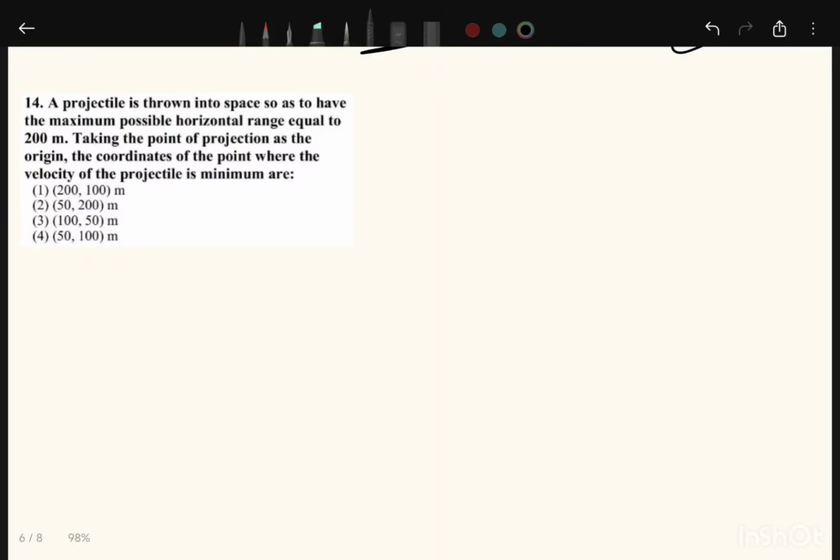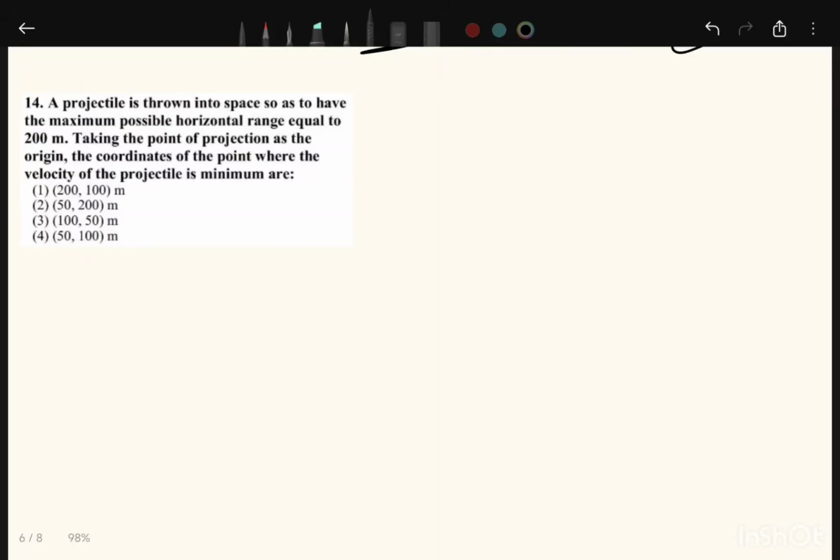We have to find the coordinates of the point where the velocity of the projectile is minimum. So we have to find out the coordinates where your velocity is minimum.